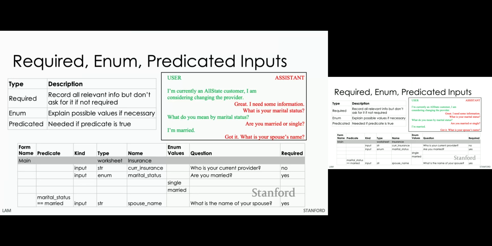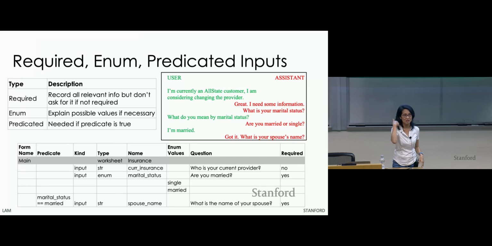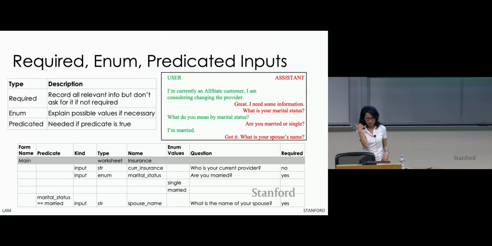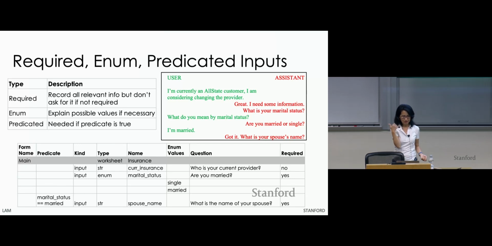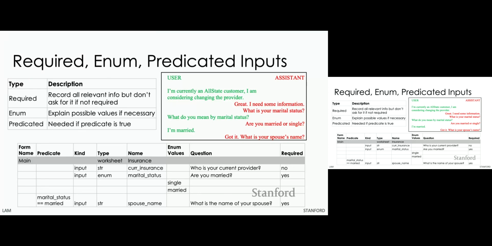But suppose the user says, what do you mean by marital status? Then when you describe an enum type, you specify the possible values. We will actually use this to explain to the user, okay? All automatically. You don't have to code anything. The agent will say, oh, it means are you married or single? So that's why we have an enum type.